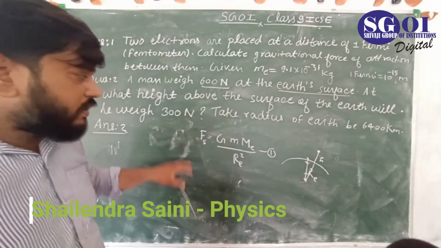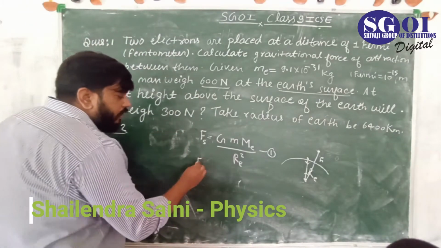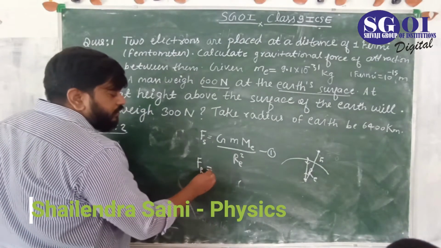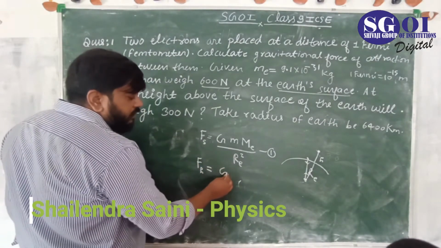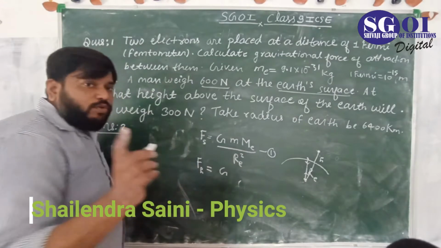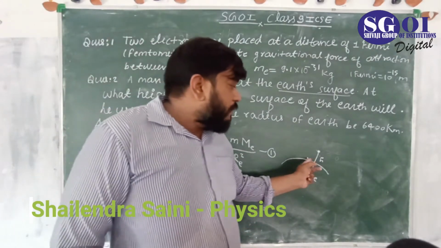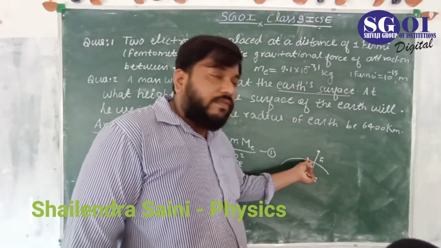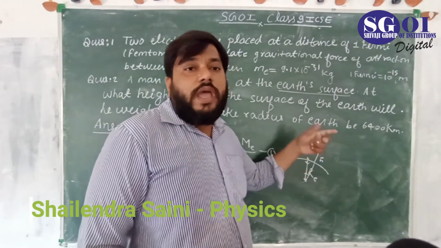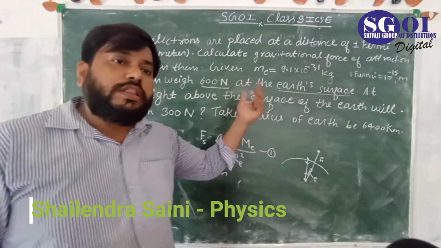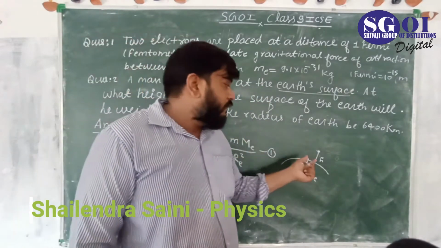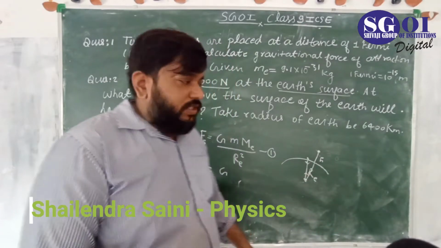So at height h, the force on you by the Earth is Fh equal to G. One important thing: your mass would not change whether you are on the surface of the Earth, above at height h, or on another planet, on the Moon or Mars, anywhere.